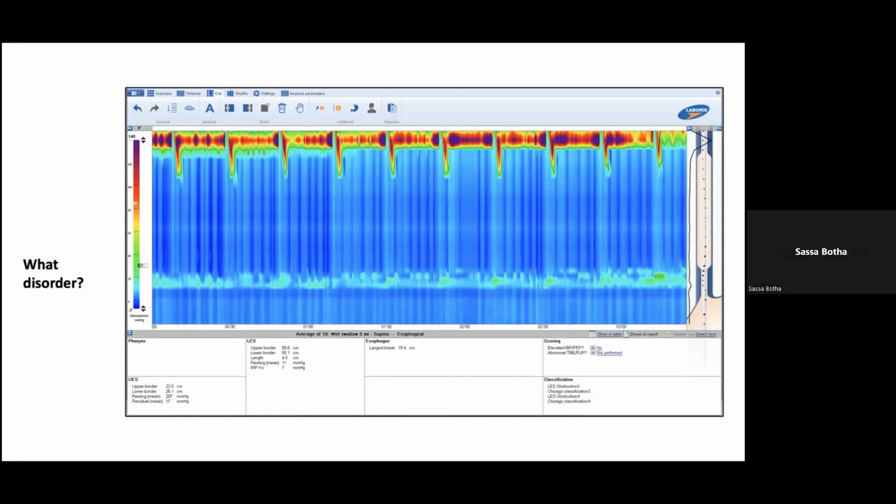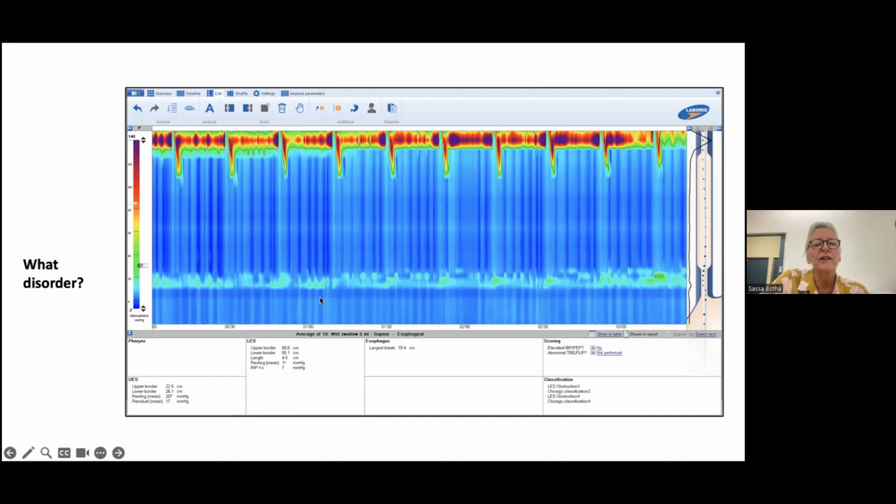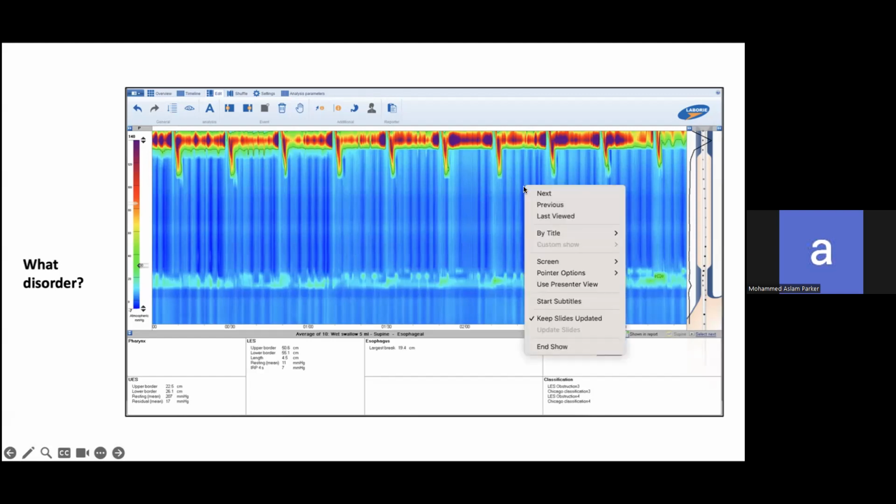You're seeing no contractions. Correct. Not seeing any contractions. So what would you call that? Ineffective esophageal motility, no, absent contractility. Yeah, absent contractility, and that would fall under your broader group, disorders of? Of peristalsis. Yes, that's right.